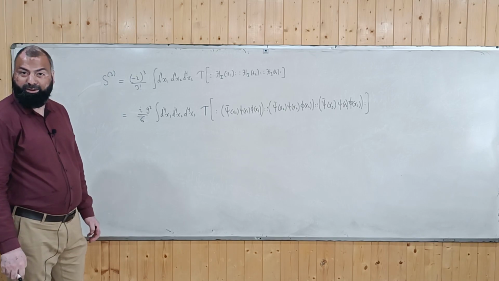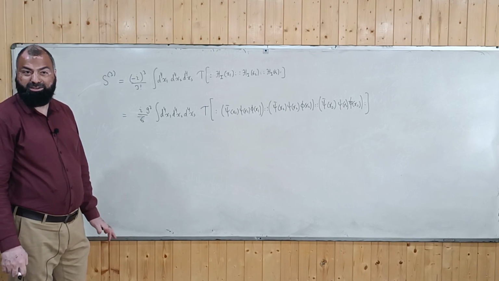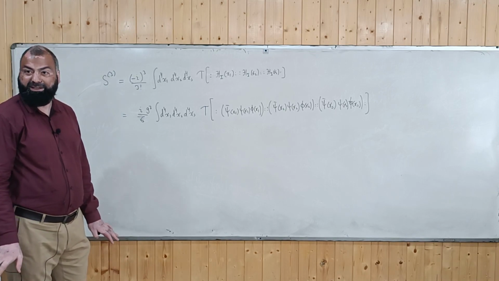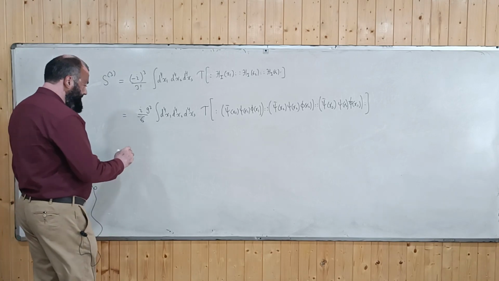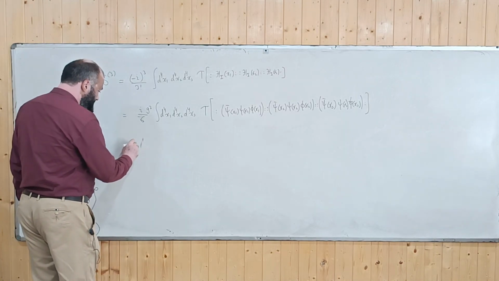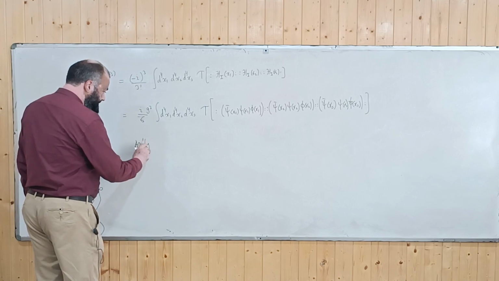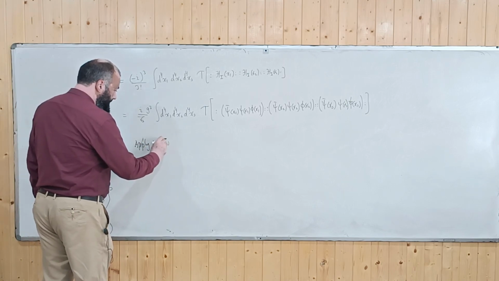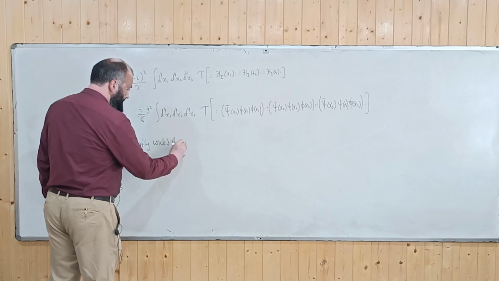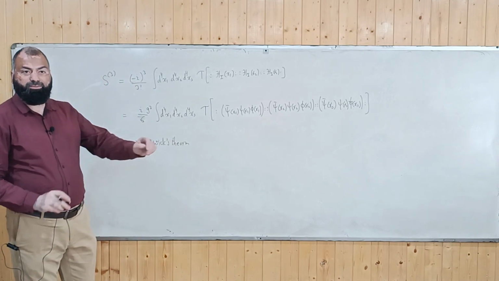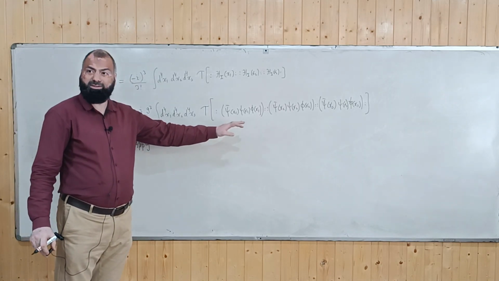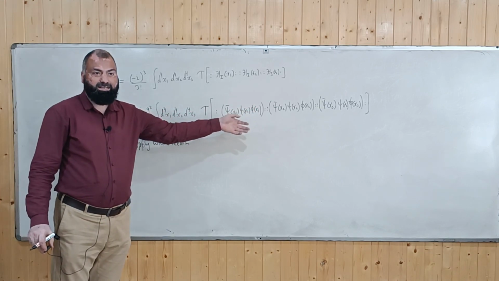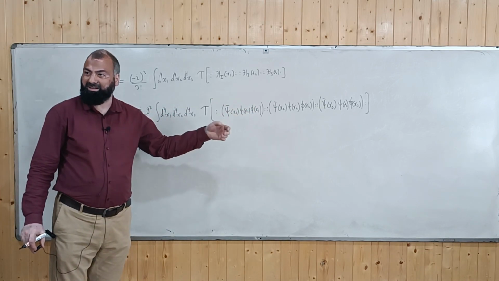Now for the given process I need to contract all the fields, clear? Except 3. So now let's apply Wick's theorem. Wick's theorem says for the time ordering, you take first the normal order of all of this, then all the single contractions, then double contractions, and so on.